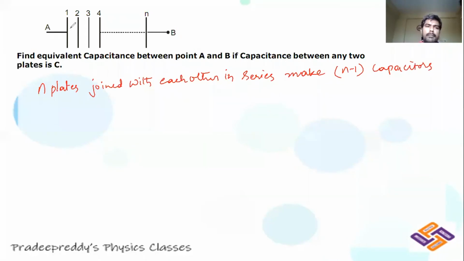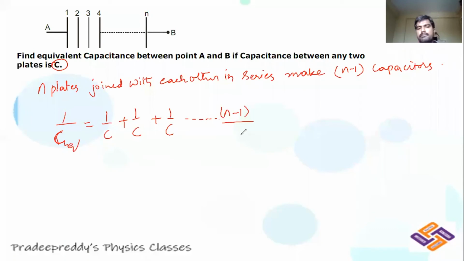And remember, between any 2 plates the capacitance is C. So therefore 1 by C equivalent will be equal to 1 by C for the first capacitor plus 1 by C for the second capacitor plus 1 by C, and so on. How many capacitors are there? N minus 1.